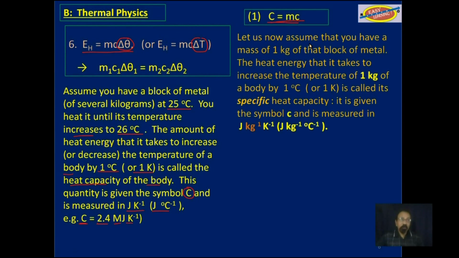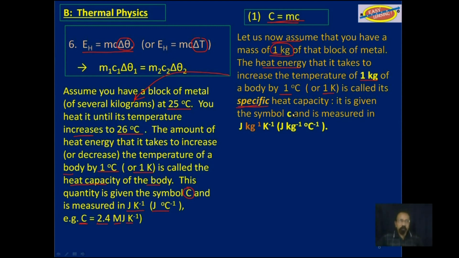Now, let us assume that you have just 1 kilogram of that mass that we were talking about over here. The heat energy that it takes to increase the temperature of 1 kilogram of a body by 1 degree Celsius or 1 degree Kelvin is called its specific heat capacity.